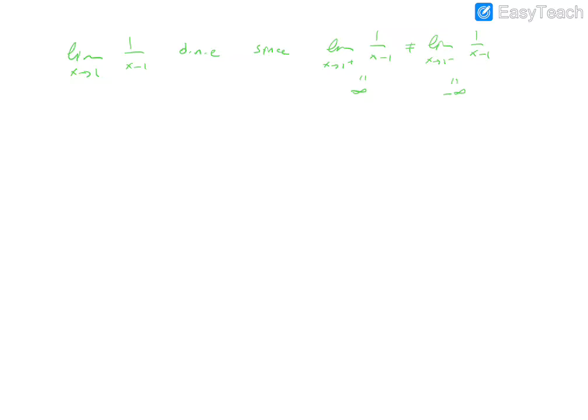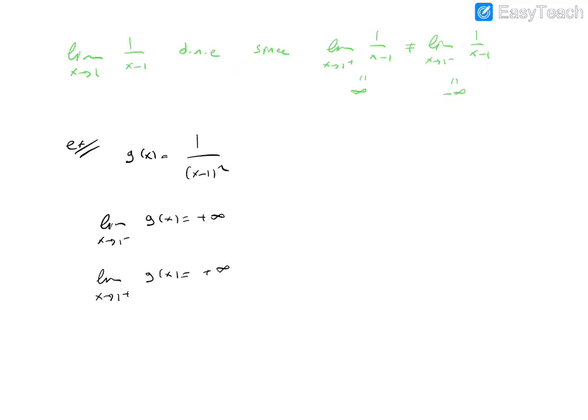For example, let's give a quick example. g of x equals 1 over (x minus 1) squared. Now, when x goes to 1 from the left-hand side, g of x is plus infinity. And when x approaches 1 from the right-hand side, g of x is again plus infinity. So according to this fact, why does it go to plus infinity?